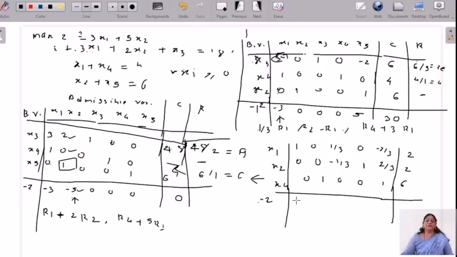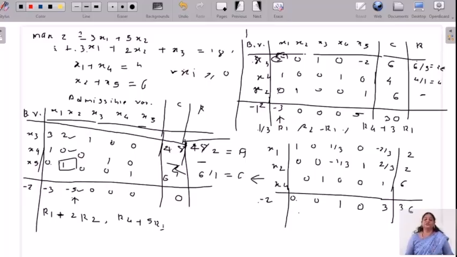Therefore this element becomes 0. 0 plus 0 multiplied by 3, therefore it is 1. 0 multiplied by 3; 5 minus 2 is equal to 3, and multiplied by 3, 6, and add, it is 36.